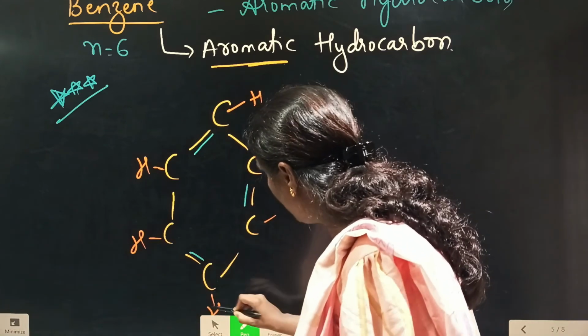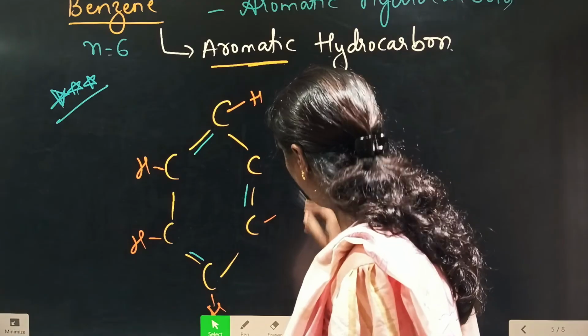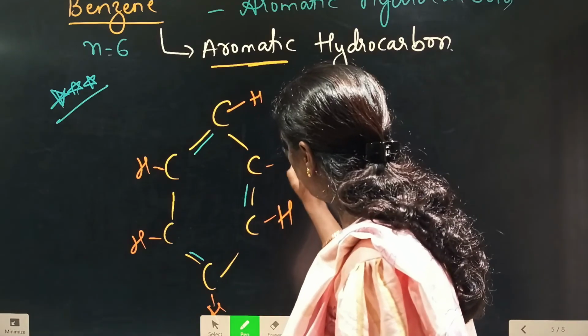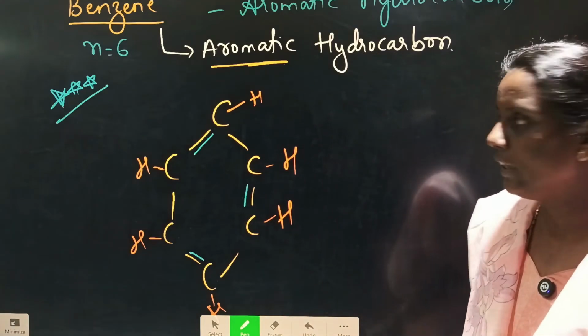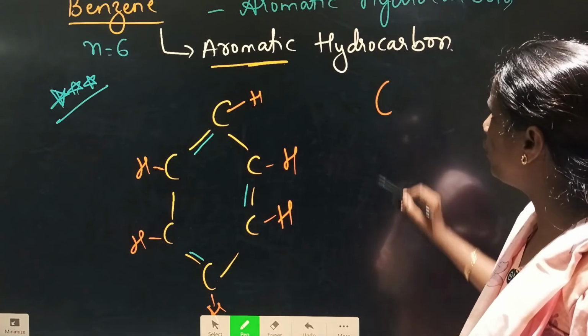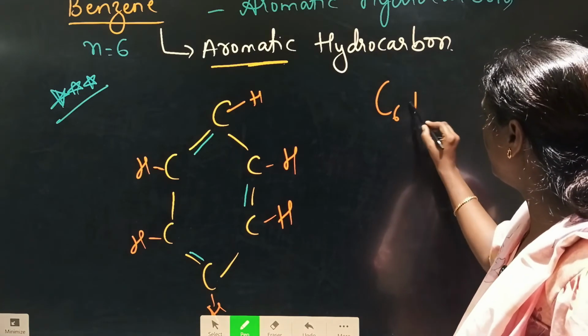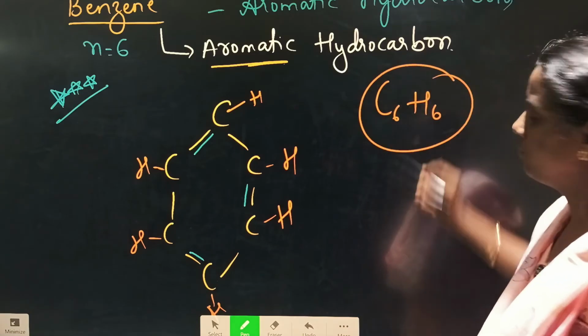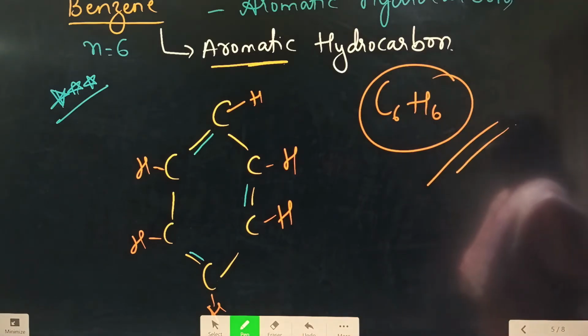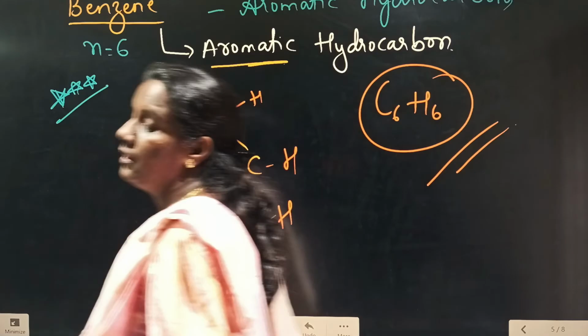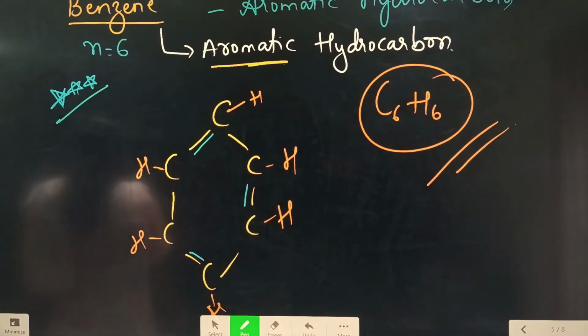So all carbon atoms will have 1 hydrogen atom. Then what will be the molecular formula here? C6H6. Okay, C6H6. This is the structural and molecular formula of benzene, an aromatic hydrocarbon.